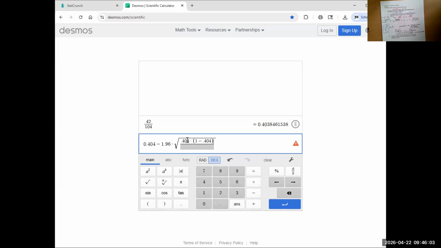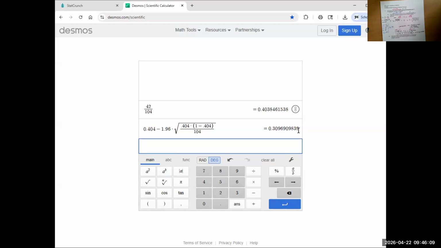There's our p hat times 1 minus p hat, all over n. Our sample size was 104. Right, a little bit different based on our rounded value. We didn't keep that long decimal for p hat. You could just copy and paste. And even with that critical value, that z-score, it's a little bit different.